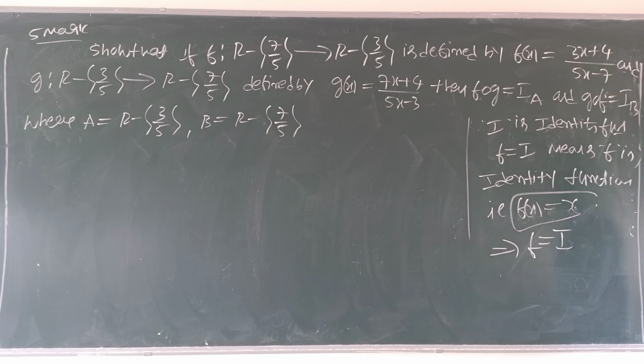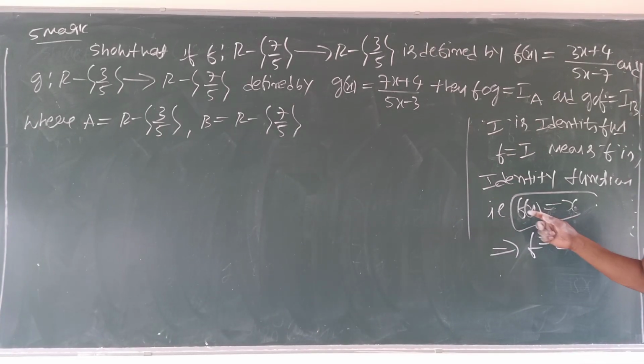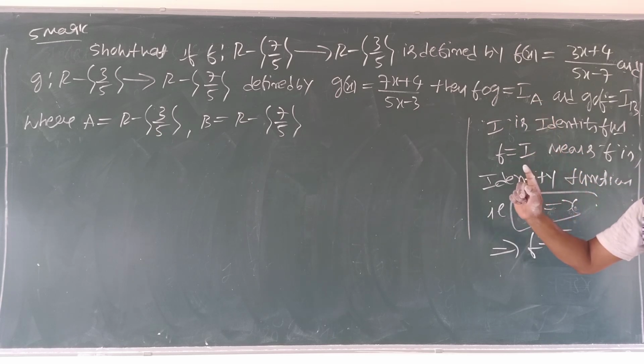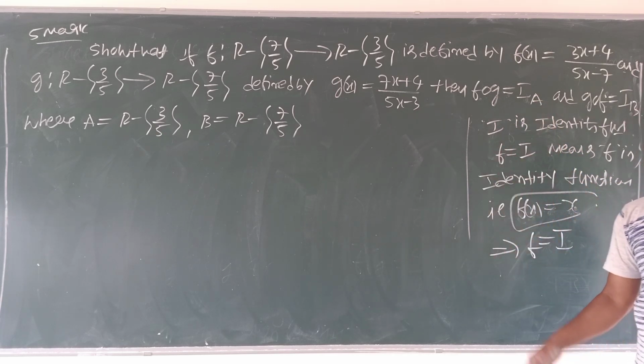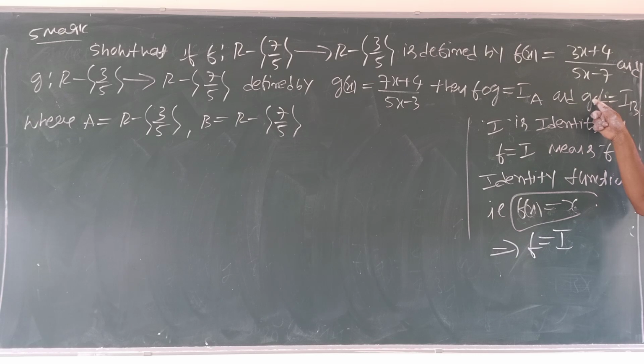This type of function is called an identity function. In the same way, fog is equal to I means I should prove fog(x) is equal to x. What is actually asked here? Proving fog(x) is equal to x. Next, proving gof(x) is equal to x.